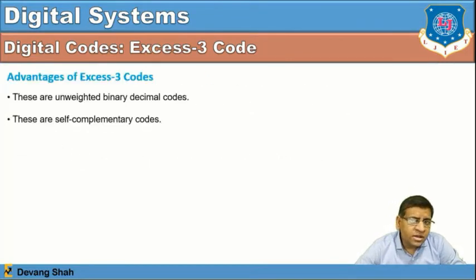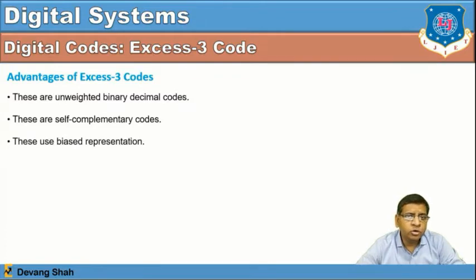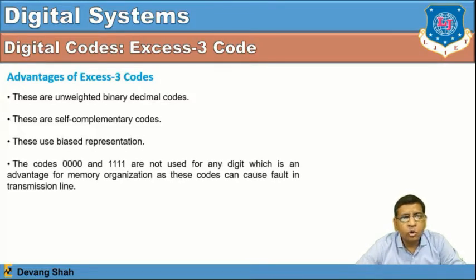Now what are the different advantages of excess 3? So these numbers are unweighted binary decimal numbers, because you just simply add plus 3. These are self-complementary codes, so you can use those kind of codes for further communication systems. This uses the biased representation, and the codes 0000 and 1111 are normally not used for any digit.